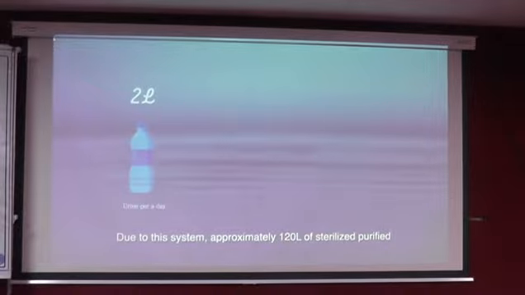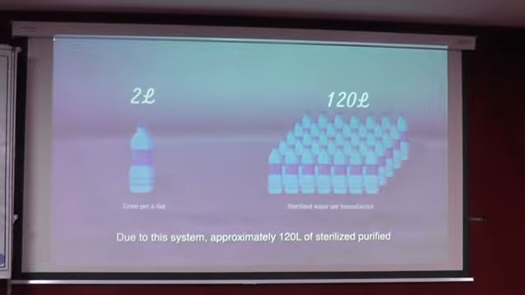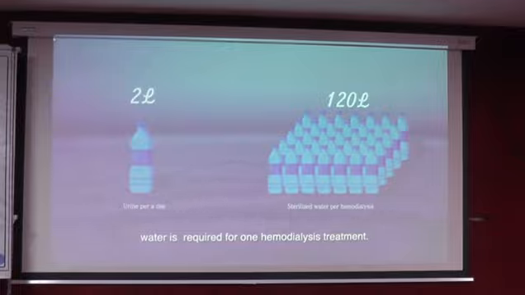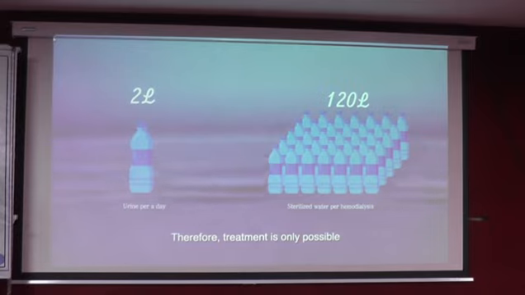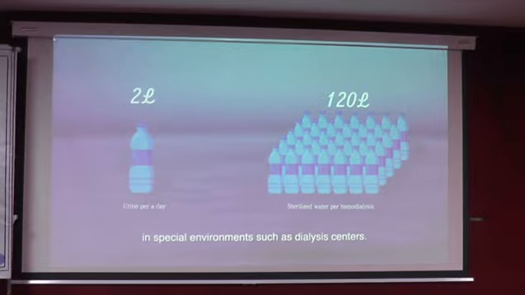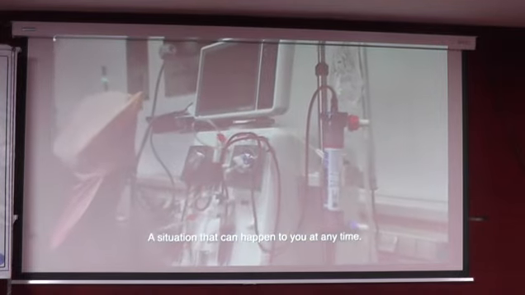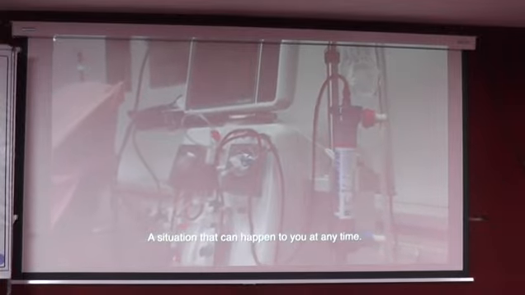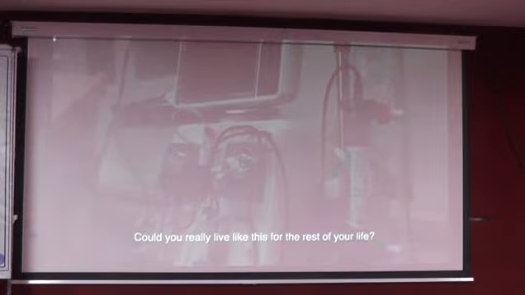Due to this system, approximately 120 liters of sterilized purified water is required for one hemodialysis treatment. Therefore, treatment is only possible in special environments, such as dialysis centers. Patients' lives are greatly restricted compared to healthy people, a situation that can happen to you at any time. Could you really live like this for the rest of your life?